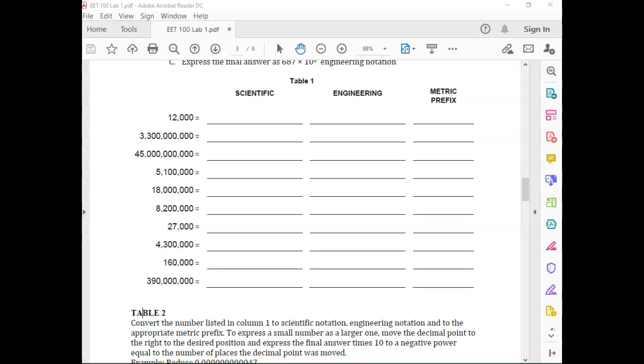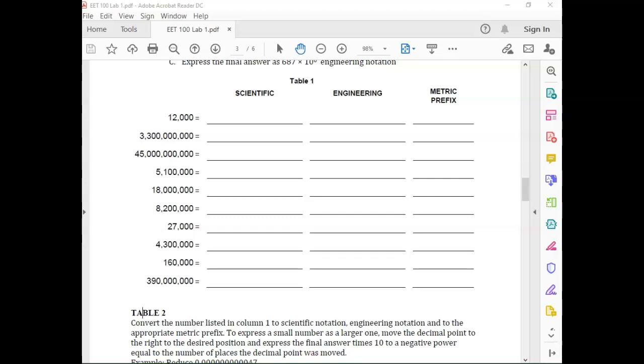What's the engineering notation? 45 times 10 to the 9th. Why is it 45 times 10 to the 9th?